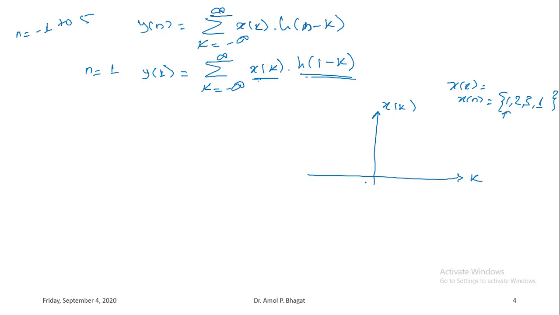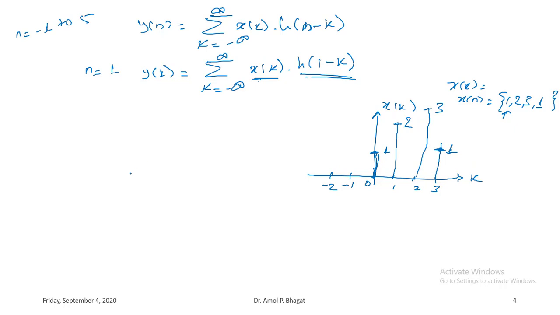So the same sequence will be there, 0 1 2 3, minus 1, minus 2. At 0 it is value 1, at 1 it is 2, at 2 it is 3, at 3 it is 1 again. So that is x of k.